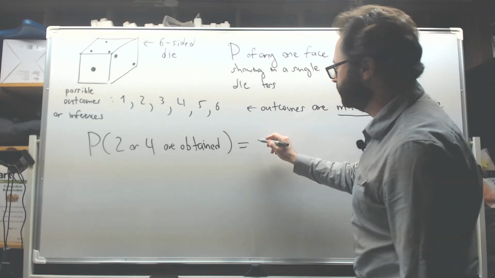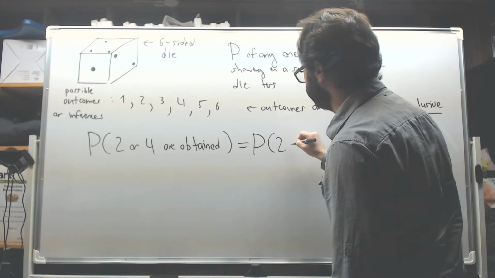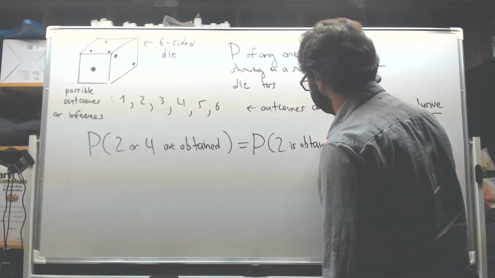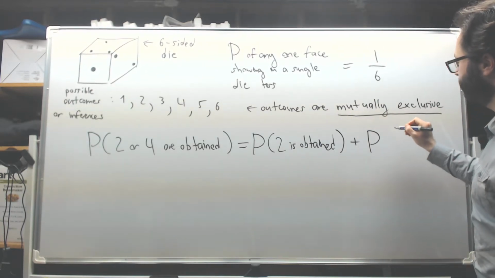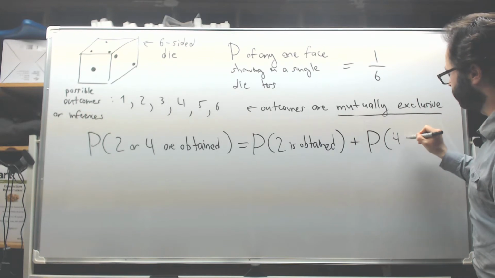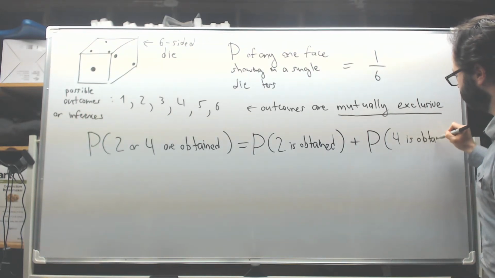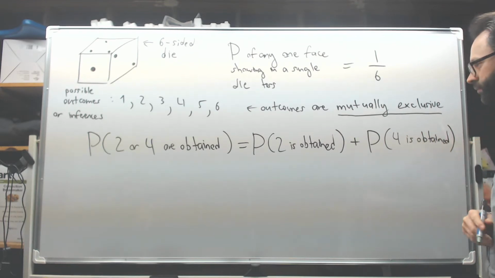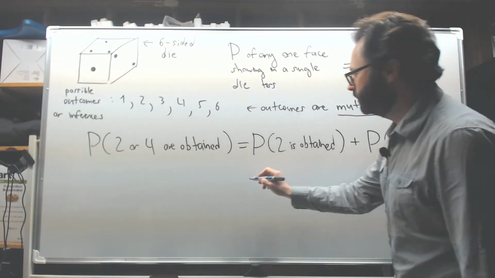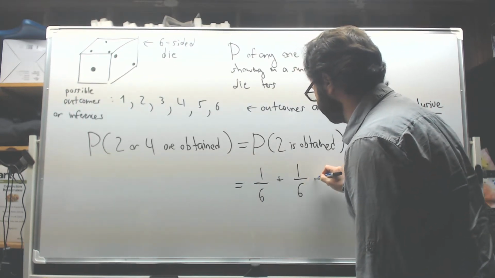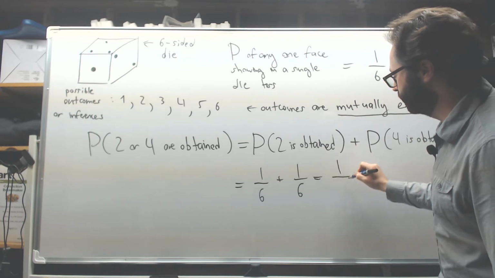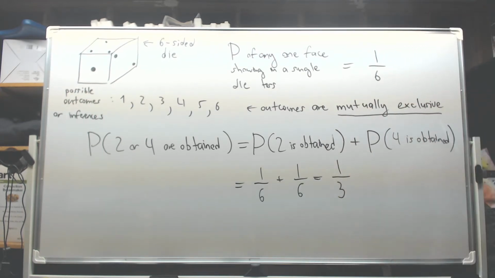The rule is this: probability that a 2 is obtained plus the probability that a 4 is obtained. It's the sum of the two. And this is going to be 1/6 plus 1/6, which equals 1/3. So a third of the time, a 2 or a 4 will be found.